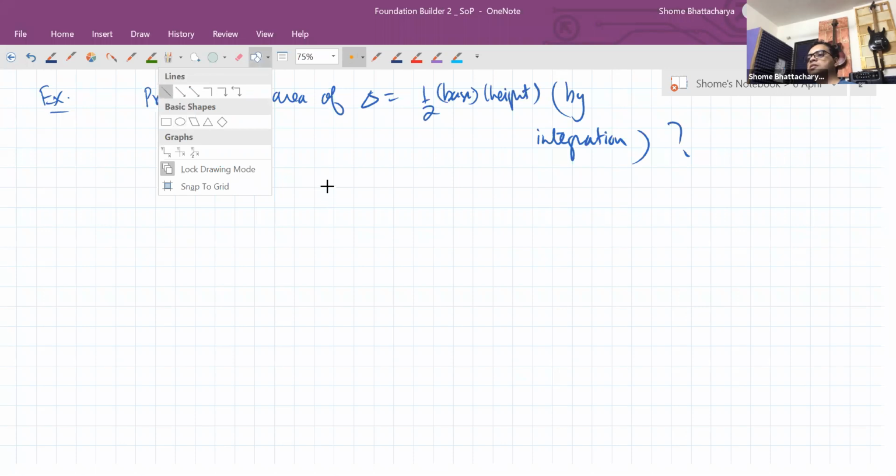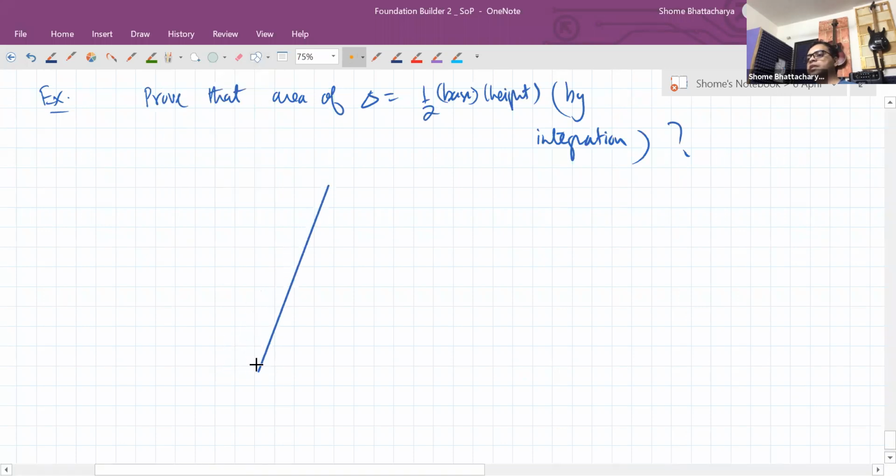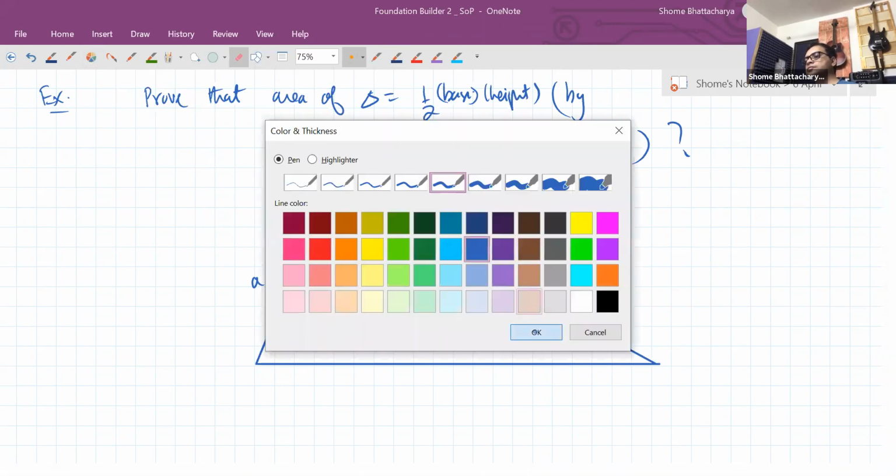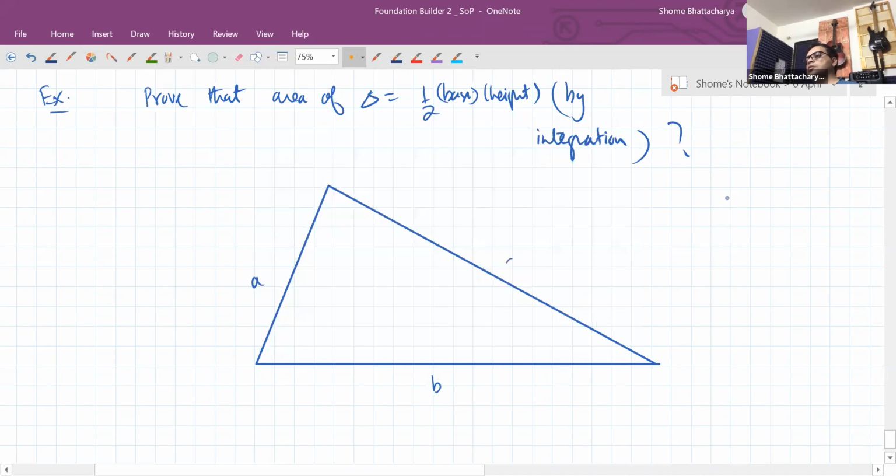So this time, let me consider an absolutely scalene kind of triangle, which has sides, let's say, A, B, and C, and let's take the base as B. A not equal to B not equal to C in general.